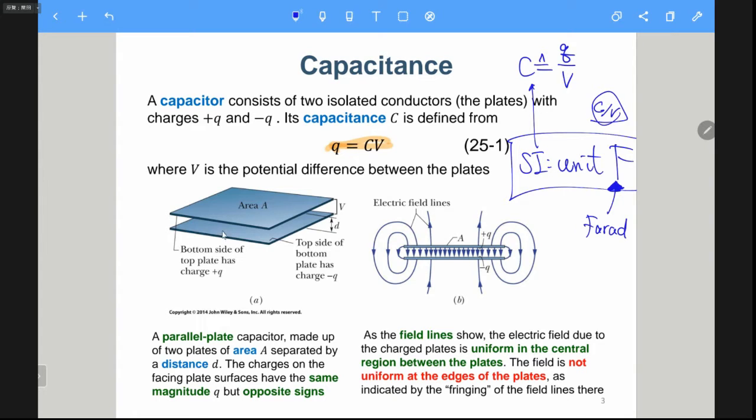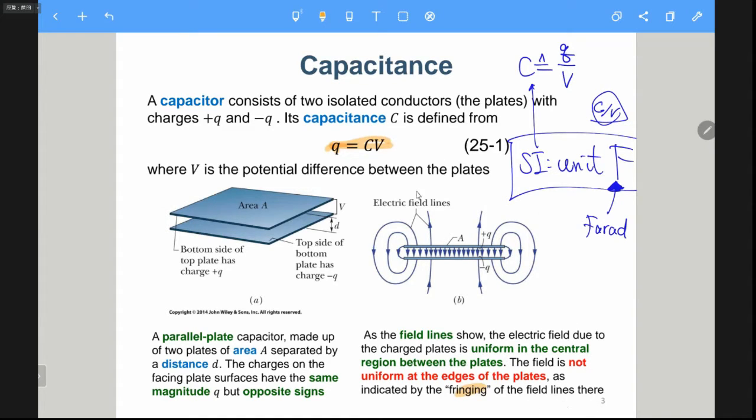Okay, so here you can see the structure, nothing special. And here it says, as the field lines show, the electric field due to the charged plates is uniform in the central region between the plates. The field is not uniform at the edge of the plates, as indicated by the fringing of the field lines there.